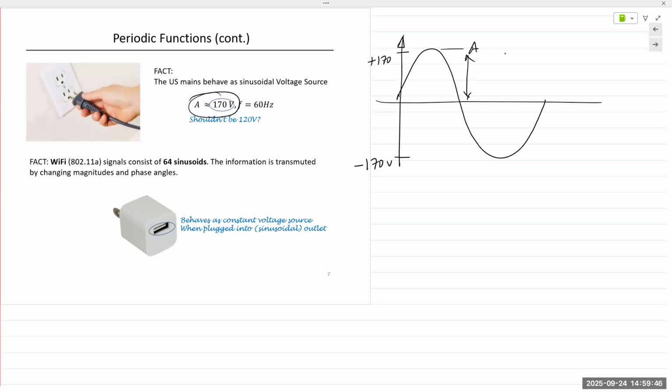So let's say you are designing a system. Let's say you have a capacitor or a device, and you think, okay, it's 120 volts, so let me just find a component that can handle up to 140 volts. You design a system with 140 volts, you plug it in, what's going to happen? It's going to get blown out, because 60 times in a second, it's going to go above 140 all the way to 170.